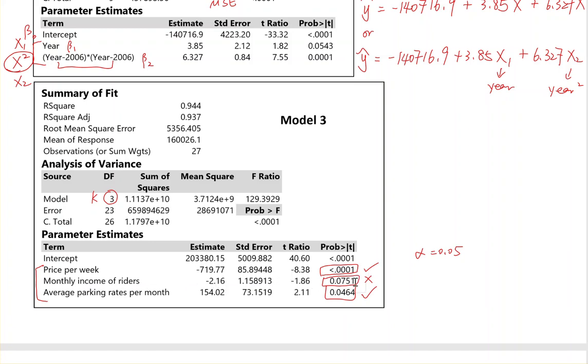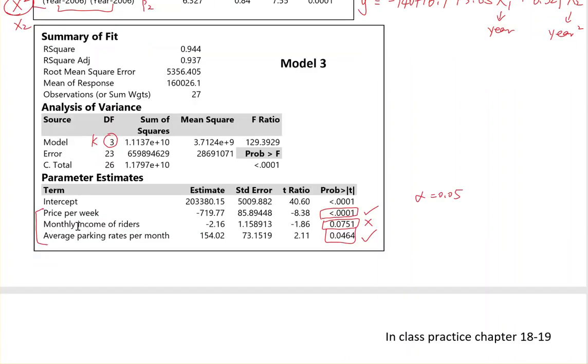Since it is not significant, that means with the price and the average parking rates in the model, adding monthly income of riders doesn't contribute to this regression, right? So this monthly income of riders is actually useless.